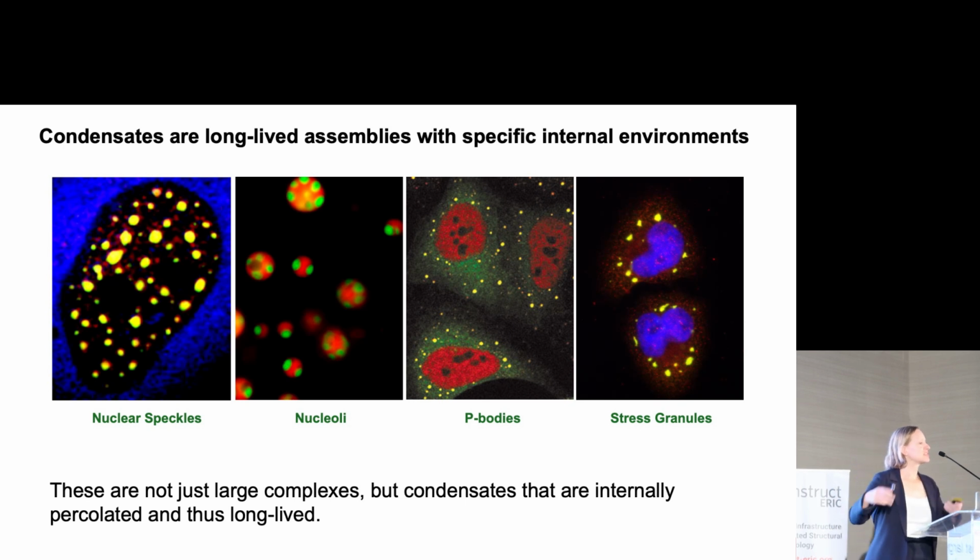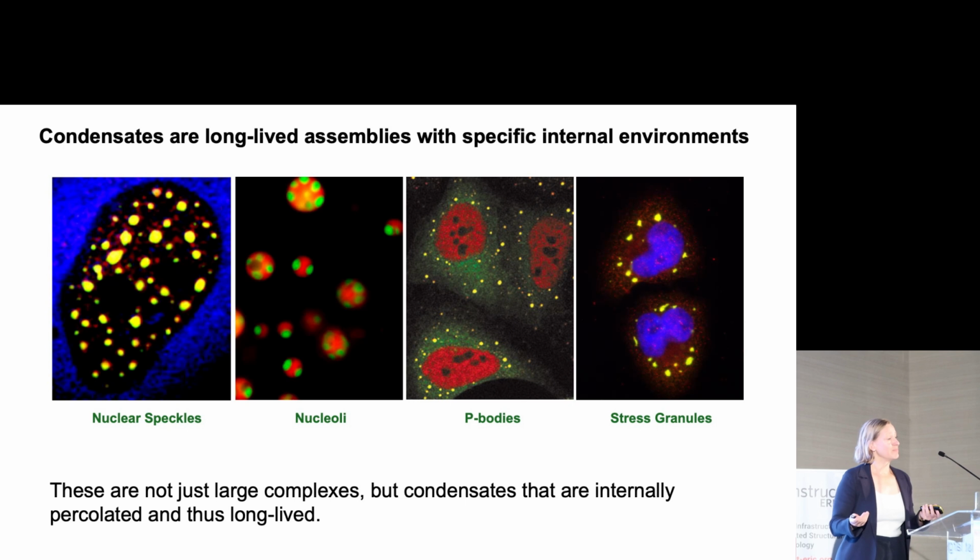And they've, of course, been studied by cell biology for a long time. We have inventory lists of things that are within them and so on, and have an idea about their biological function. But what was kind of missing was how they're being formed. And this is an important and interesting question, because if you think about it, these are not just very large complexes, right? These are on the order of hundreds of nanometers to micrometer-sized assemblies.